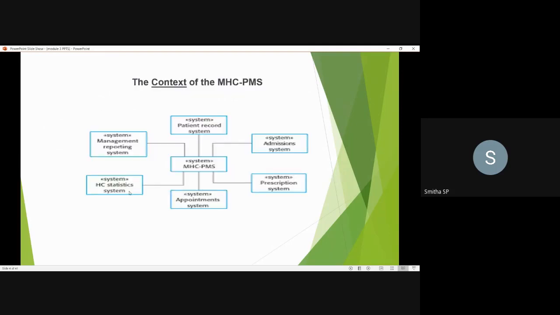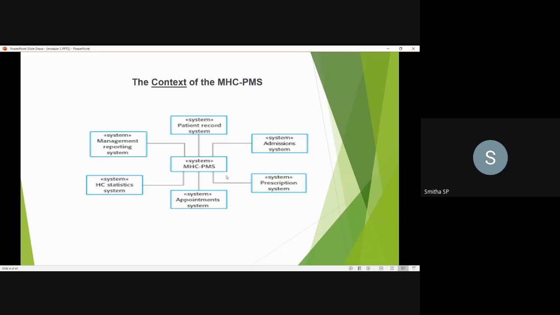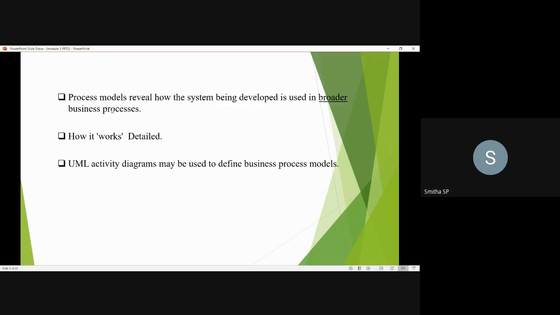Next we took the example of the MHC-PMS, which has other automated systems in its environment. Then we came to know that the context model will be used with other business process models. So we discussed what a process model is and how it is useful.